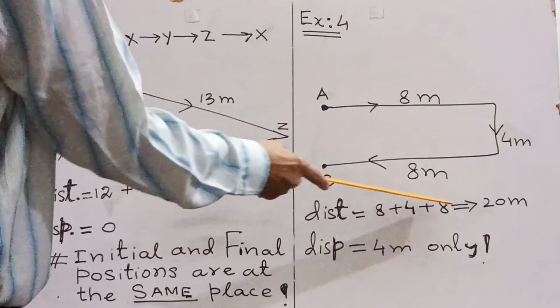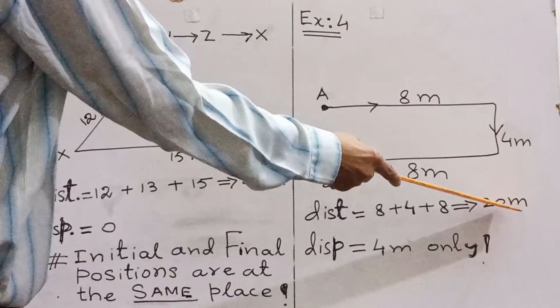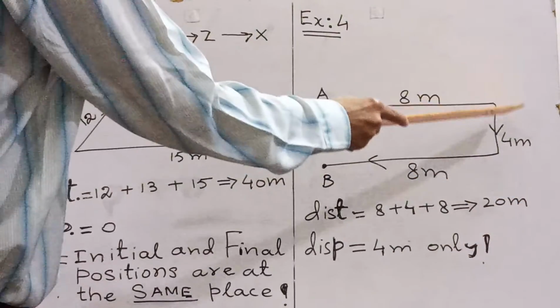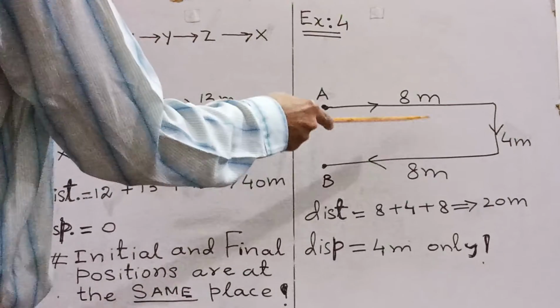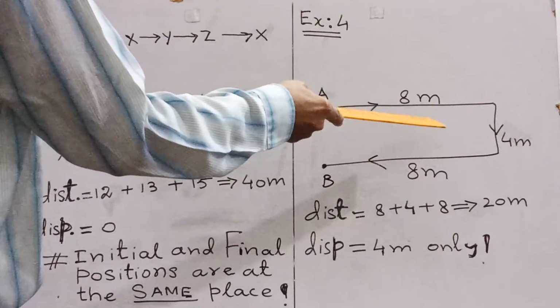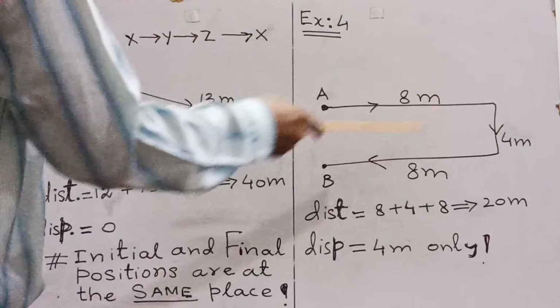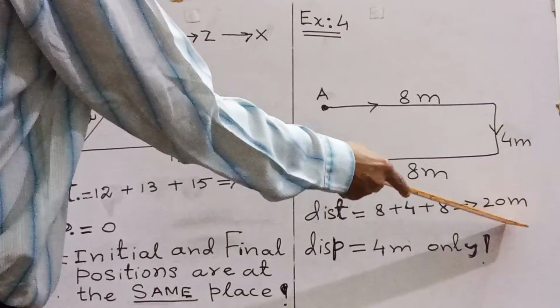Hence, the total comes to 20 meter. This 20 meter is the length of the path covered, and the length of the path covered is said to be, according to the definition, the distance covered. So the distance is 20 meter.